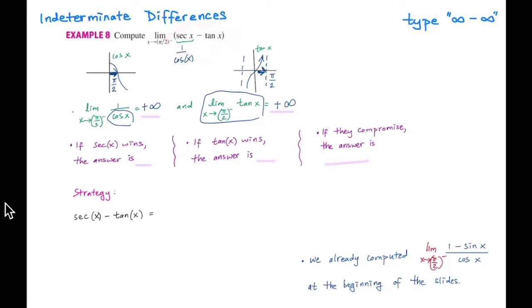If secant x dominates, then the answer would be positive infinity. But if tangent of x dominates, then the answer would be negative infinity. And if neither of them dominates, then there would be a compromise where the answer would be a number.